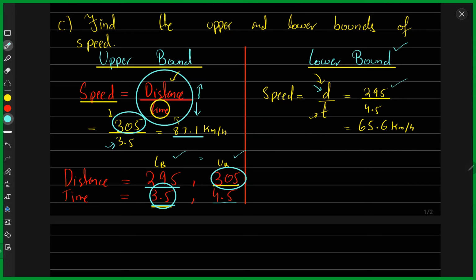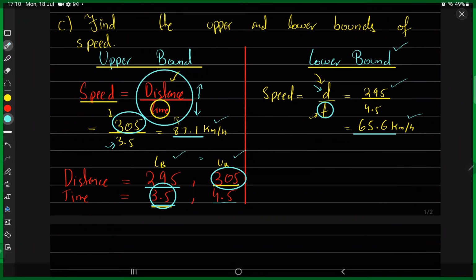And if I overall want speed to be lowest possible, time has to be maximum because it is coming in the denominator. So I took time as 4.5, and when I did 295 divided by 4.5, this is what I got. So this was the maximum possible value or the upper bound, and this was the lowest possible value or the lower bound.